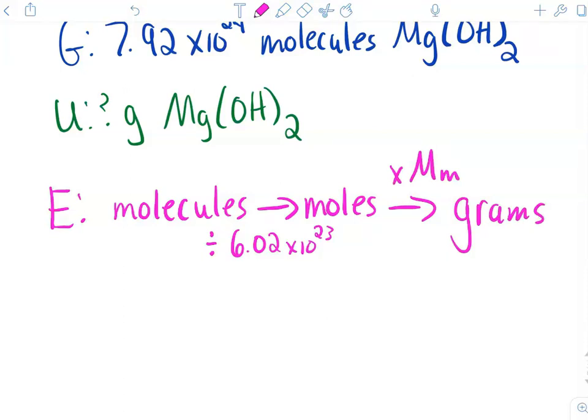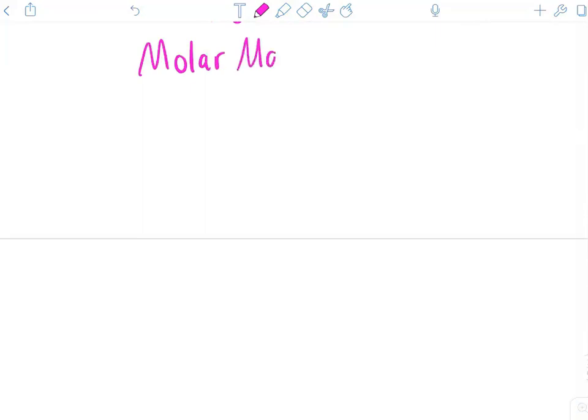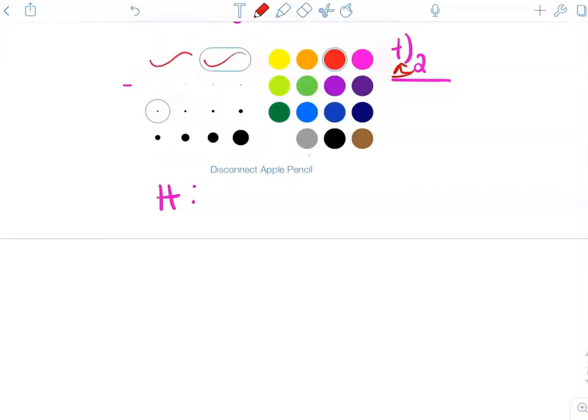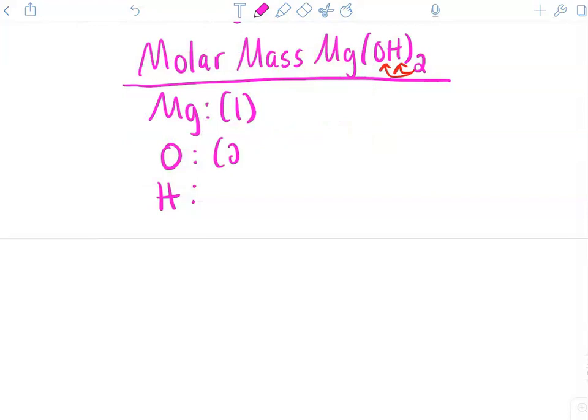Now, if I'm going to have to multiply by molar mass, I have to find the molar mass. So, molar mass of MgOH2. So, magnesium, oxygen, hydrogen. You have 1. And don't forget here, you have to distribute that 2 to everything that is in the parentheses.